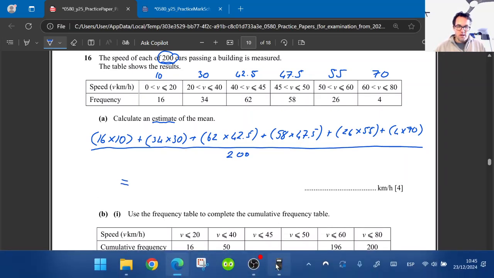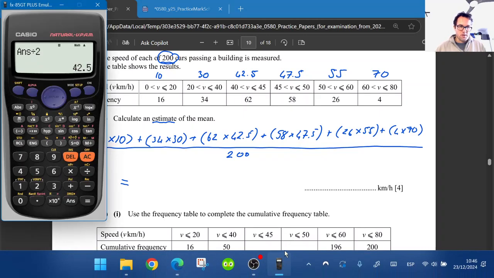Okay, now be very careful when you put this in, not to press any wrong buttons. It's even better actually to do it separately. But it's easy to press an add when you should press a times, or a times when you should press an add. So take your time, make sure you do it right the first time.